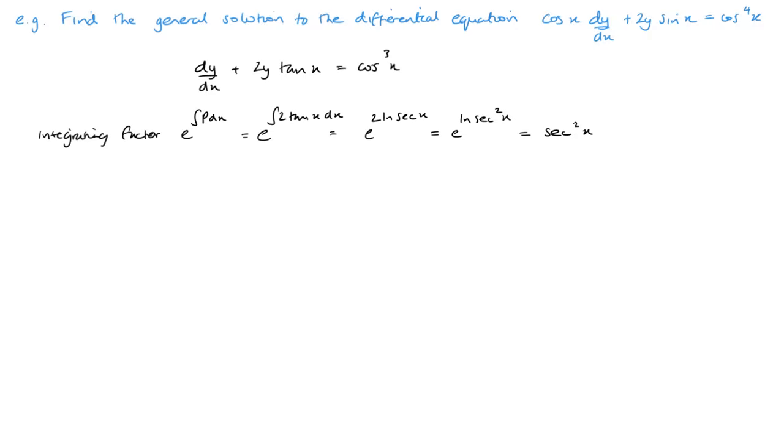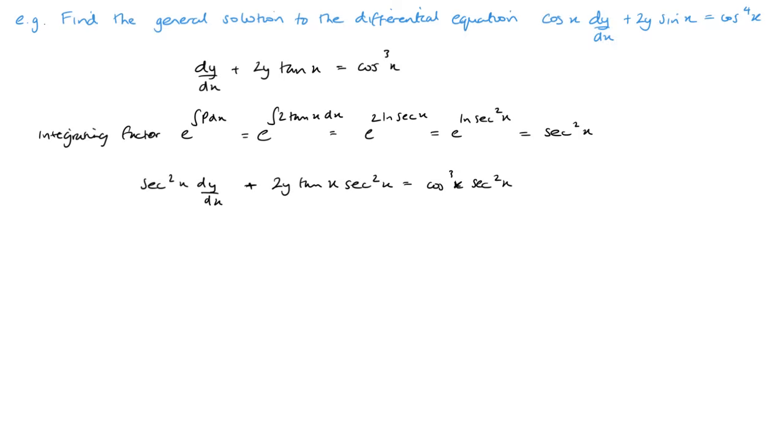Okay, so that is my integrating factor. So multiplied by sec squared x. So that's sec squared x times dy by dx plus 2y tan x sec squared x equals cos cubed x sec squared x.